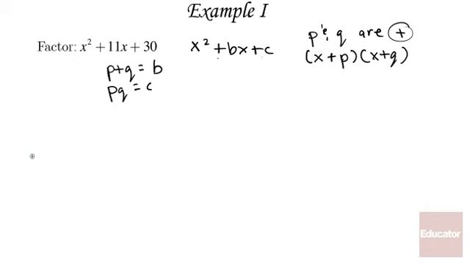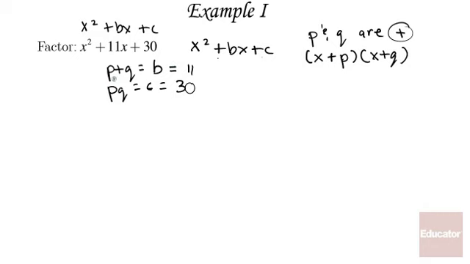Now let's look at what I've got. This is x squared plus bx plus c. Therefore, b is 11 and c is 30. So I looked at this and I said, okay, 11x, so that's bx, b is 11, plus c, that's 30.